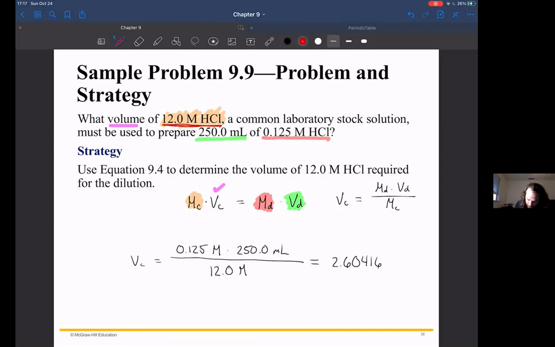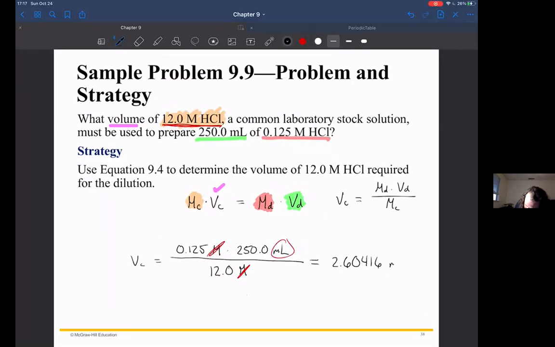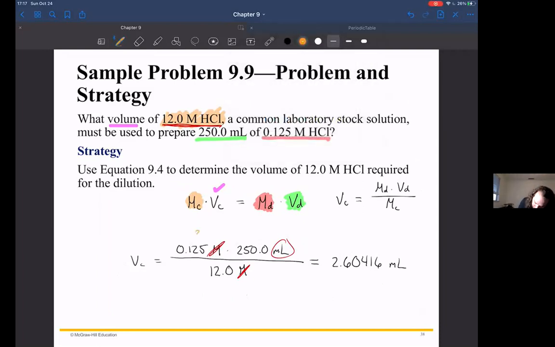If I look at units, molarities cancel, and I'm left with mLs, so this is the volume in milliliters. And lastly, for sig figs, I have 3, 4, and 3. I'm going to take whichever one's fewer, which in this case is 3.